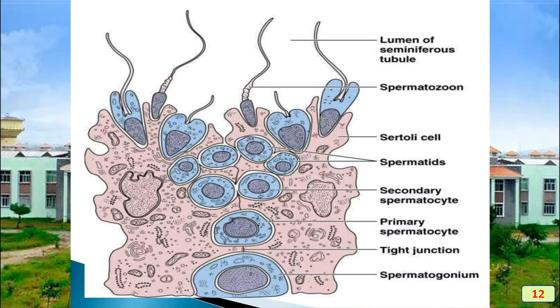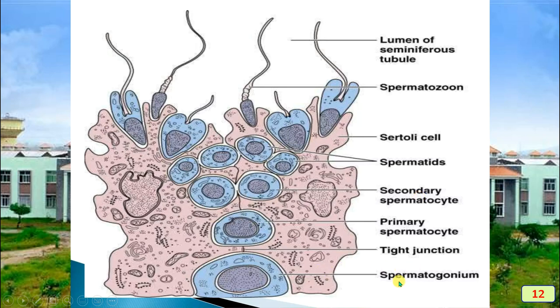spermatozoa takes place. This is the lumen of the seminiferous tubule, outside are the spermatozoa, and these are called the Sertoli cells, which support the production of spermatozoa. The structures not yet fully mature spermatozoa are called spermatids, and the others are secondary spermatocytes.